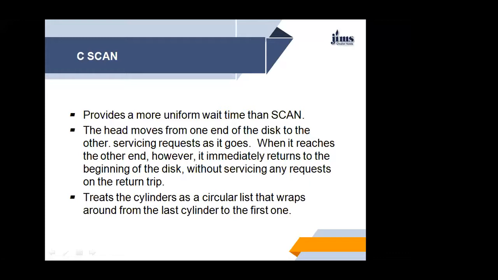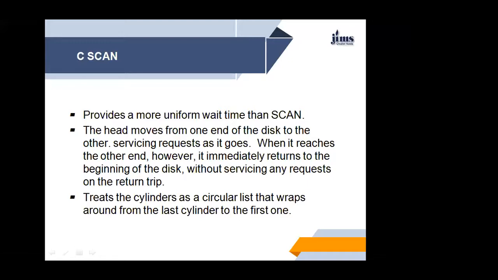Okay, so the head moves from one end of the disk to the other, servicing requests as it goes. When it reaches the other end, however, it immediately returns to the beginning of the disk without servicing any requests on the return trip.